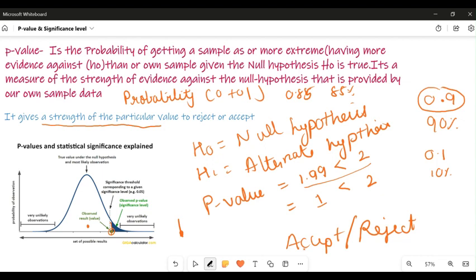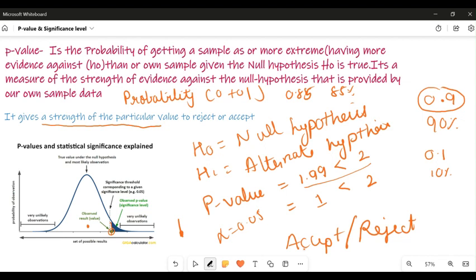In a very proper way they have used a significance threshold corresponding to a given significance level, for example 0.05. So they have given an alpha value of 0.05, and are getting a p value less than 0.05, but it's quite near to 0.05.